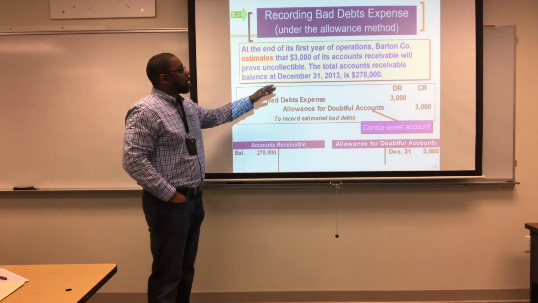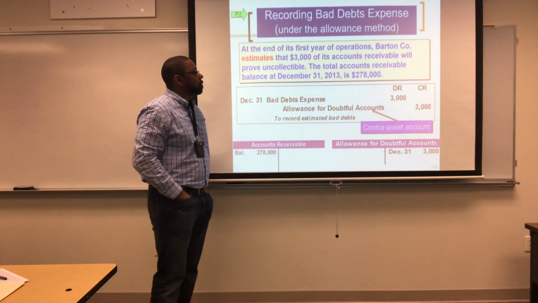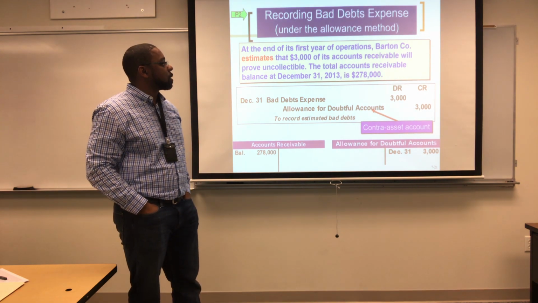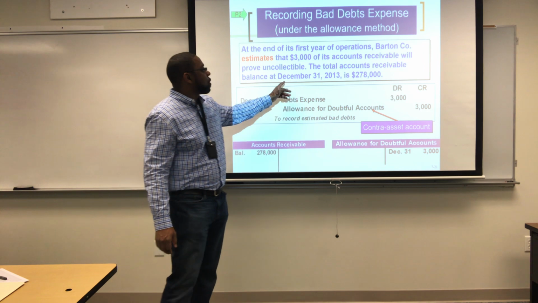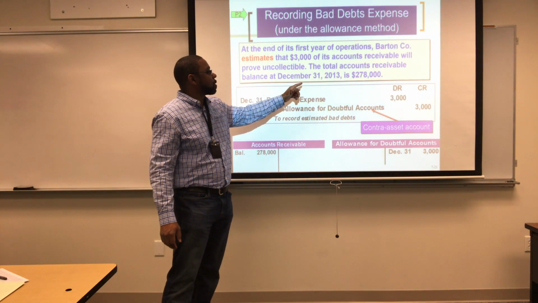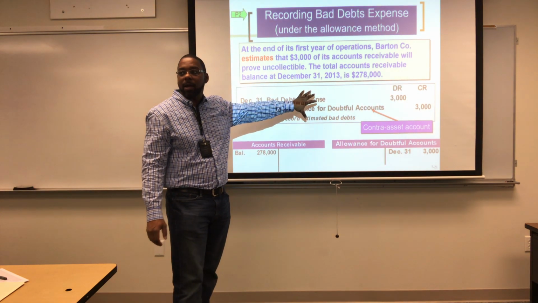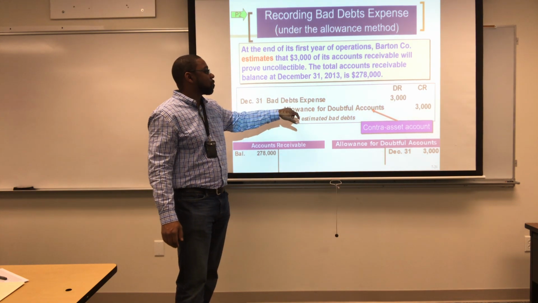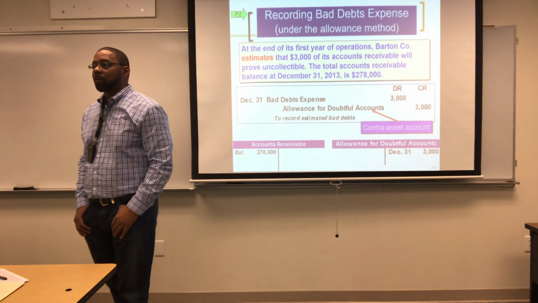At the end of the first year of operation, Barton Company estimates that $3,000 of its accounts receivable will prove uncollectible. The accounts receivable balance of December 31st, 2013 is $278,000. What do we do? We debit bad debt expense, credit allowance for doubtful accounts.